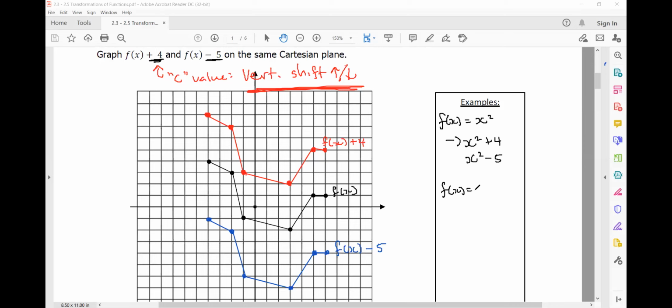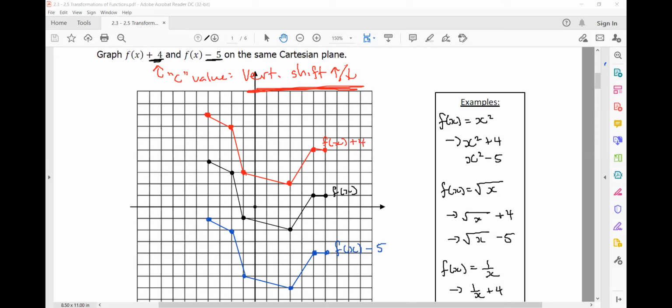If f of x was square root of x, that doesn't change. If we are shifting it up or down, the function itself would look like this, or it would look like that. The plus 4 and the minus 5 is outside of the original parent function. And lastly, if it is 1 over x, it would be 1 over x plus the 4.